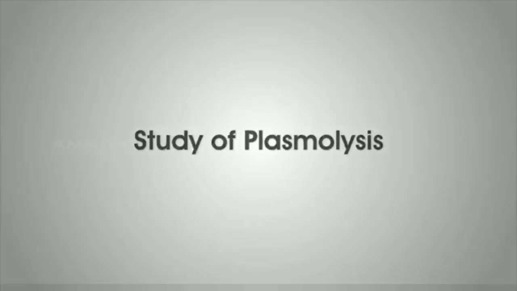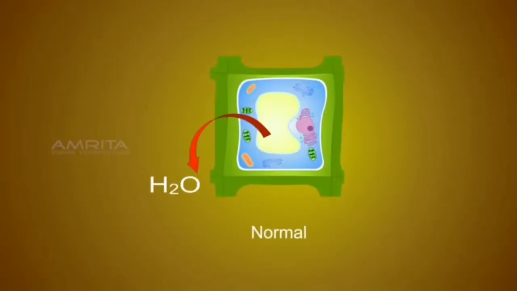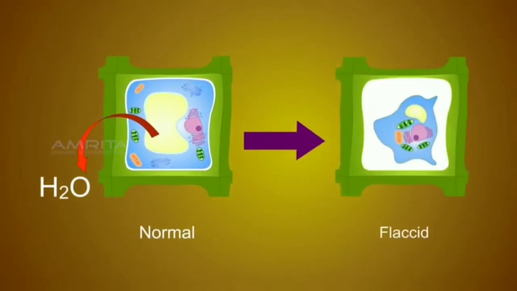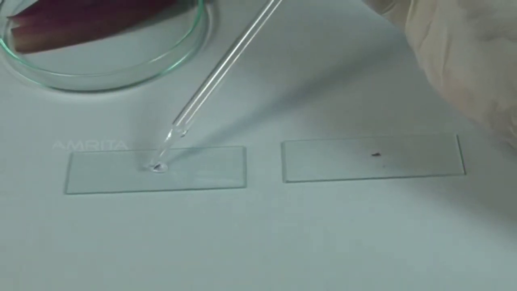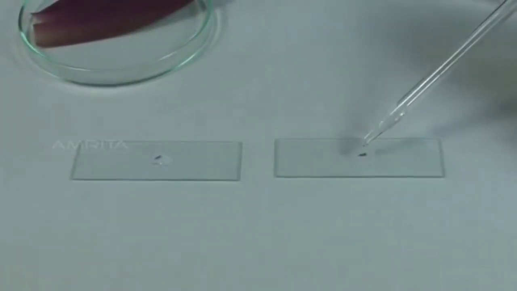Let's perform an activity to understand plasmolysis properly. Plasmolysis is the shrinkage of the fluid part of a plant cell as a result of loss of water from the cell through osmosis. We can see plasmolysis in the laboratory by using salt solution or sugar solution.